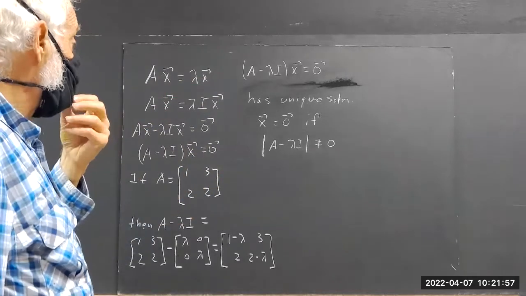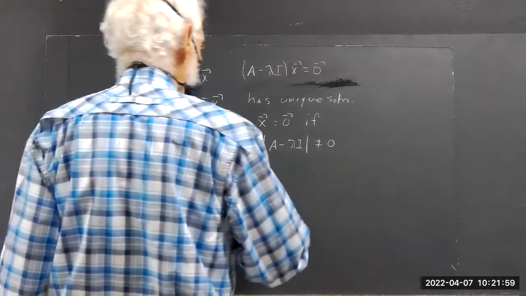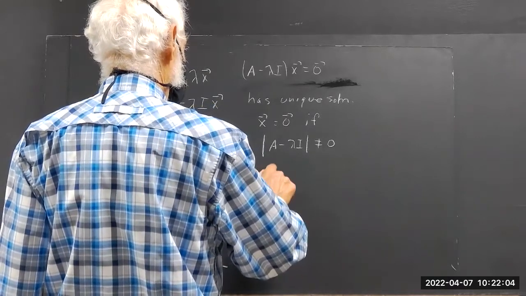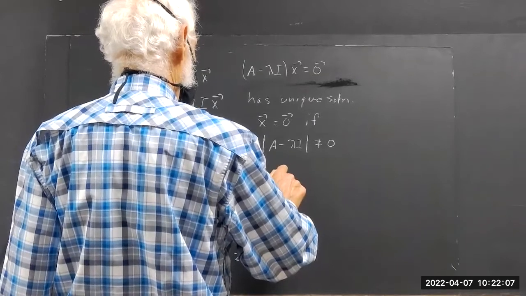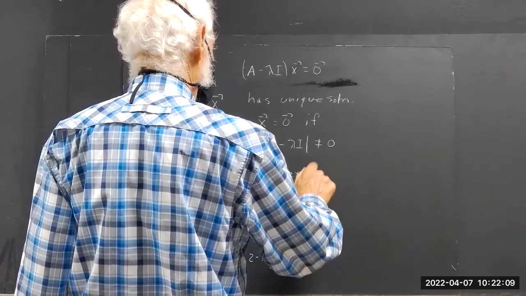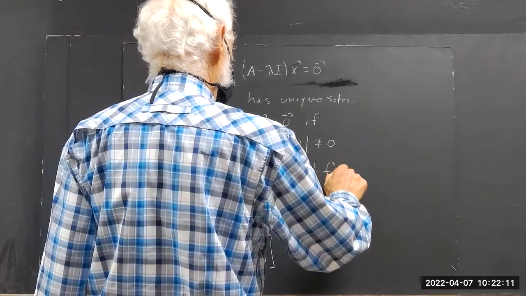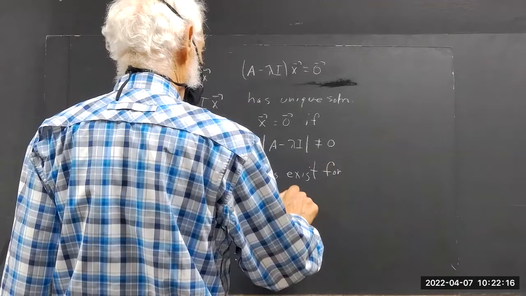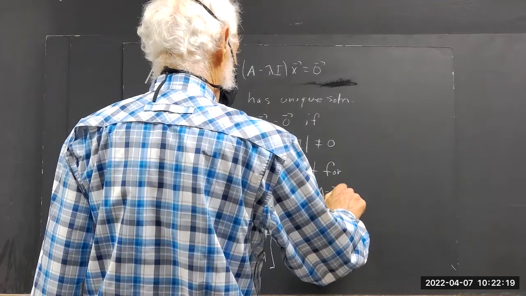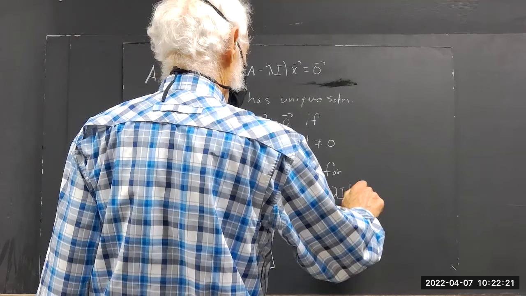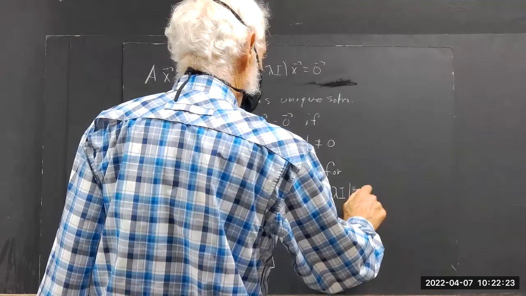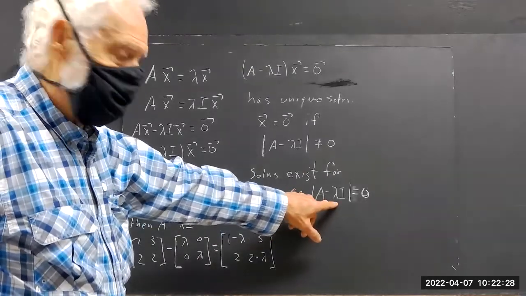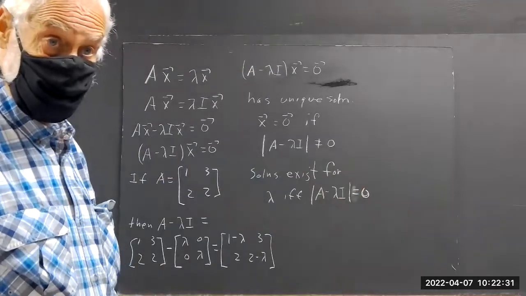What's interesting is that solutions exist for lambda if and only if the determinant of A minus lambda I is equal to 0.